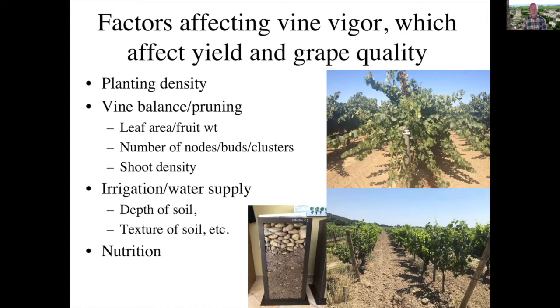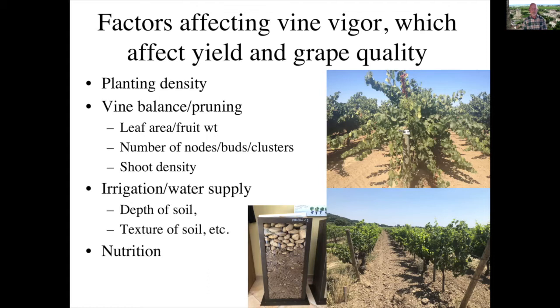The leaf area determines the photosynthetic capacity of the vine and the production of sugars, and the fruit weight determines the demand for sugar. So it's a source to sink relationship, a supply and demand relationship that creates that balance. The number of nodes, buds, and clusters influence that, as well as the shoot density. Again, I'll come back to these terms in more detail.